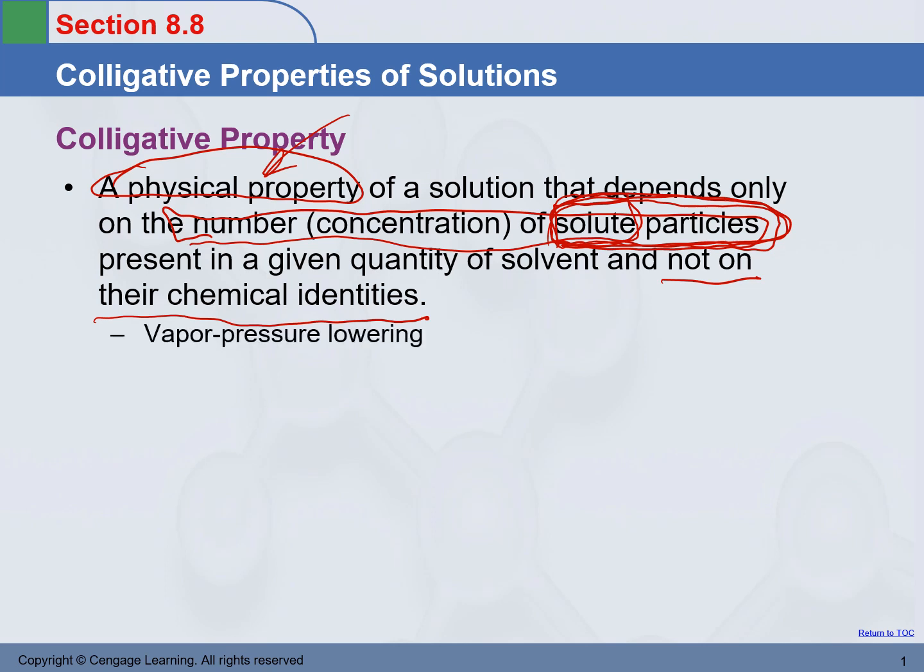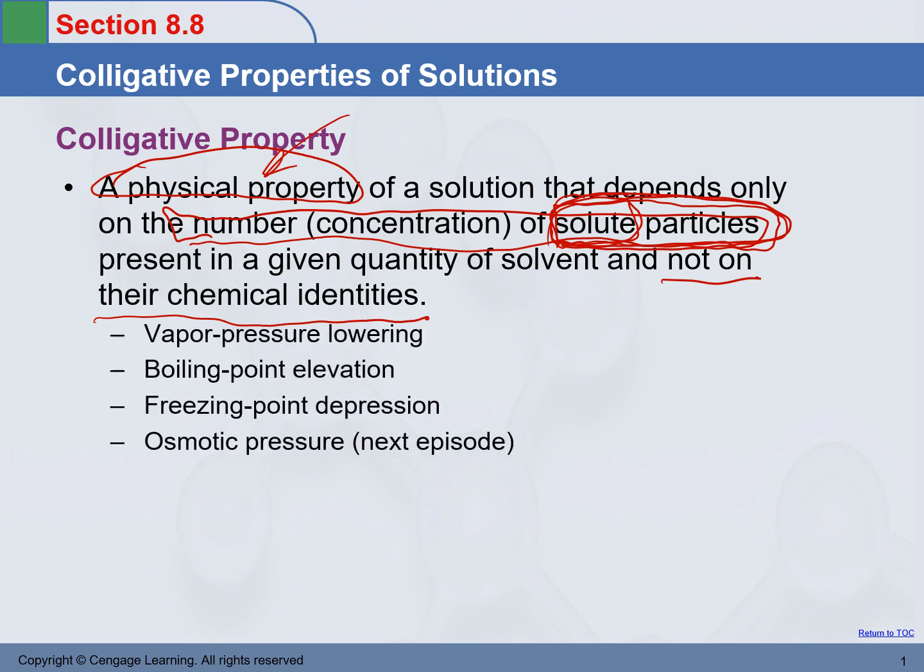There are actually 4 kinds of properties that fall under colligative properties. Vapor pressure lowering. A solution will have a lower vapor pressure than the pure solvent itself. Boiling point elevation.